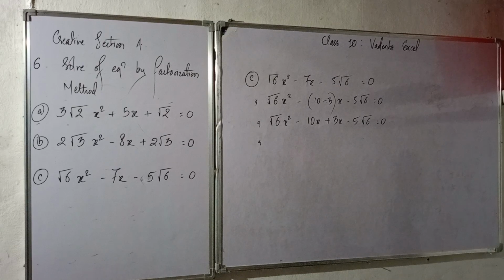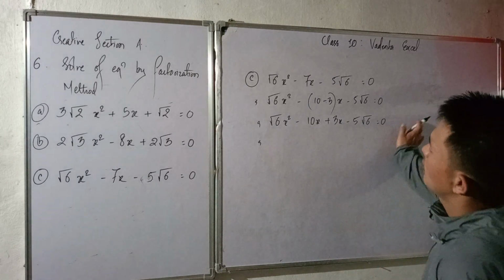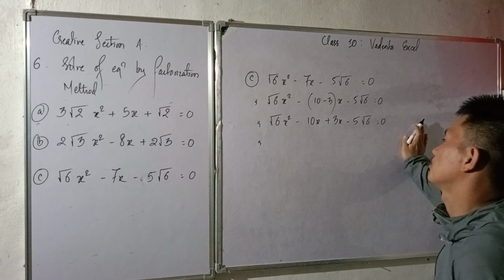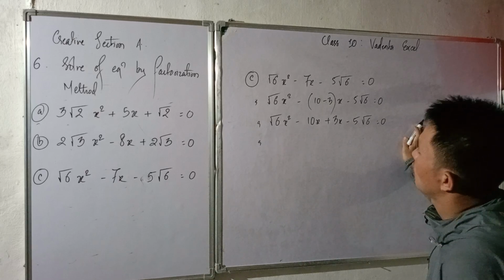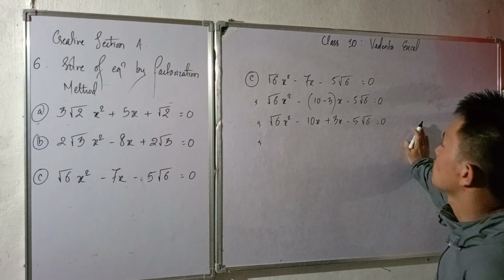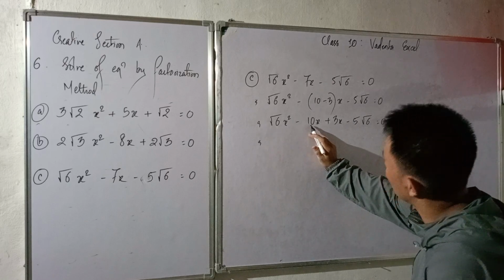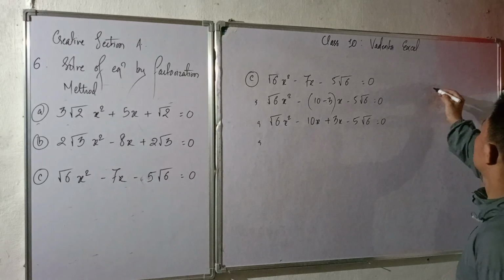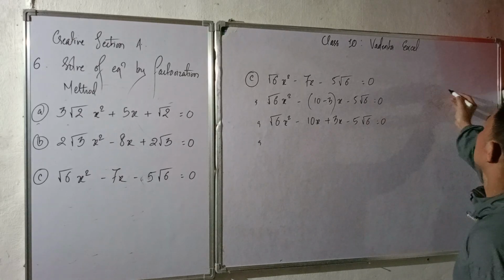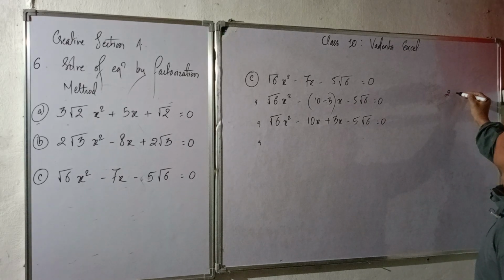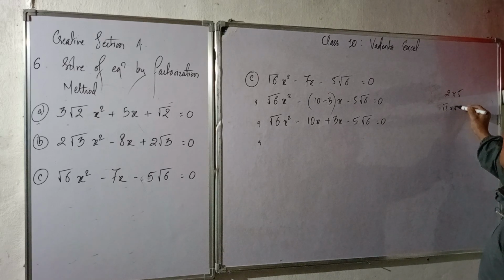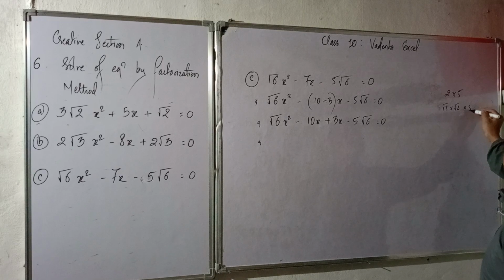So from here, root 6. From root 6 we got root 3 into root 2 into root 3. This root 6 means root 6, but 10 can be written as 2 into 5. This 2 can be written as root 2 into root 2 into 5.